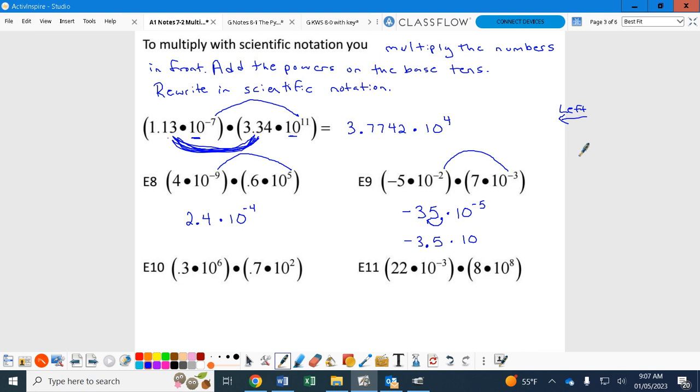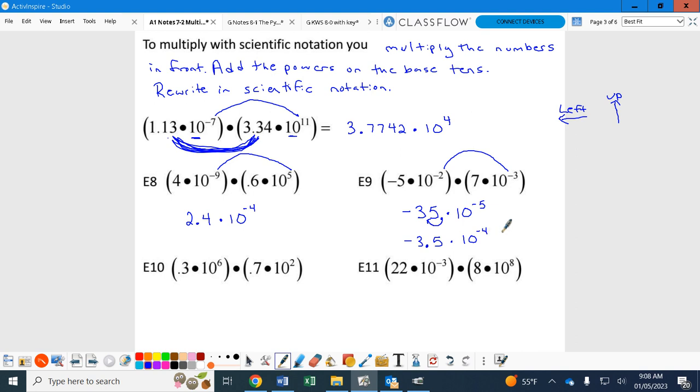It is going to go up by however many places you went. So if you go to the left, your power goes up. Since my power was originally -5, guys, be careful. What's 1 up from -5? -4. And that's your answer.